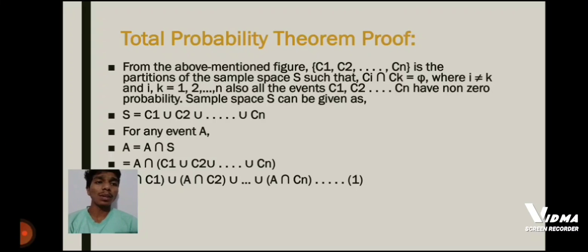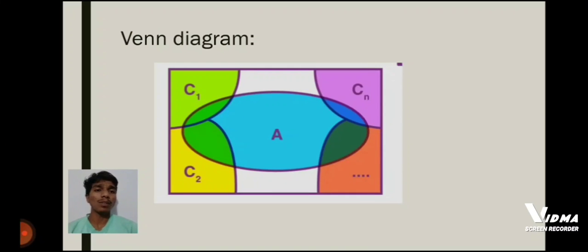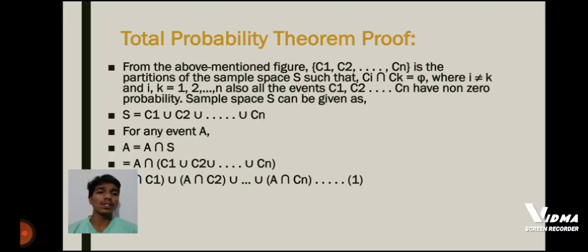The sample space can be given as S equals C1 union C2 union and so on up to Cn, the union of all the events. For any event A, A equals A intersection S.